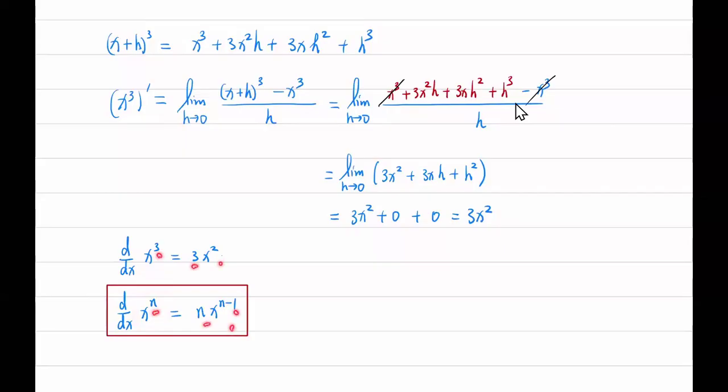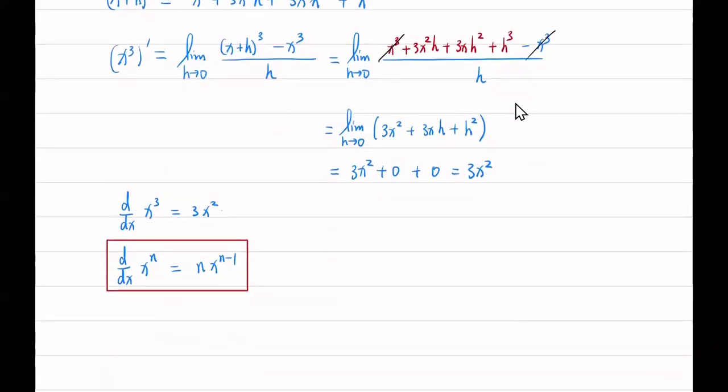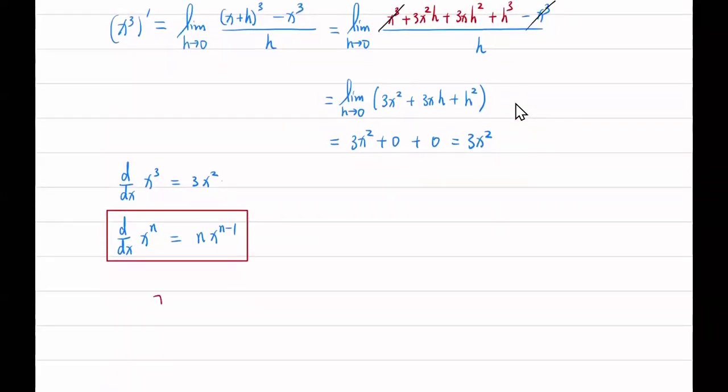Okay, now let's check if we go back to the x to the fifth. What's the derivative? Okay, so now what's the derivative? Back to the fourth. Okay, that's the first one. Now let's go again.